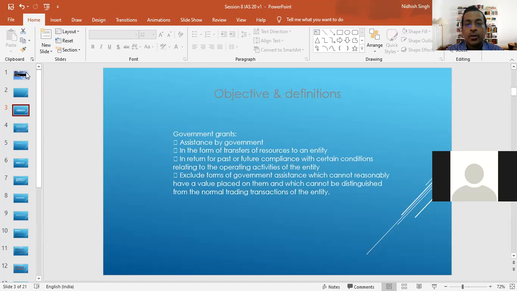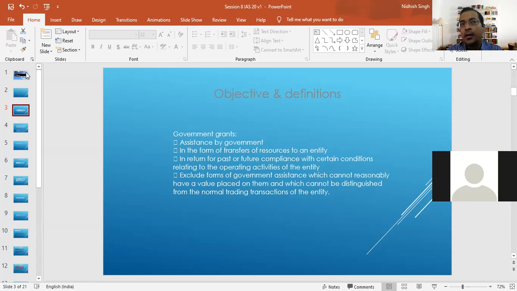Now this excludes the forms where you cannot quantify the benefit. For example, the government grants, as per the accounting standard, can only deal with quantifiable or measurable benefits, right?